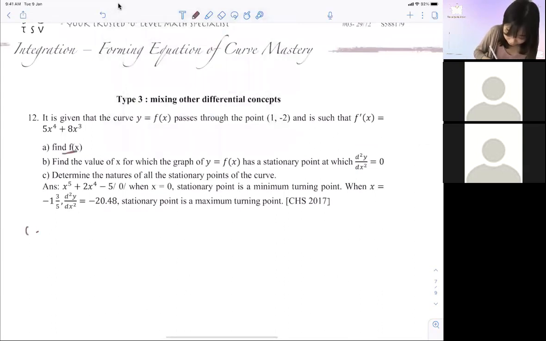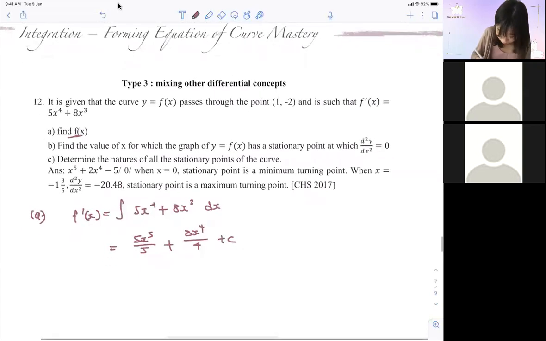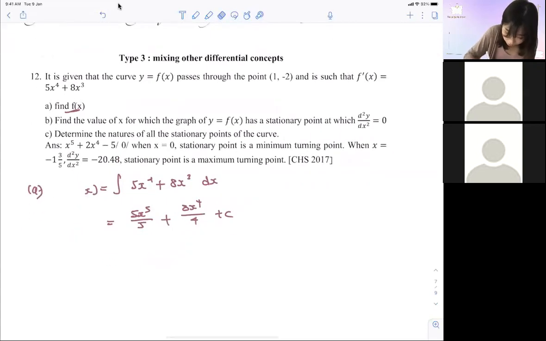All we have to do is, fx is integrating. Power increased by 1 over new power. I keep writing wrongly.